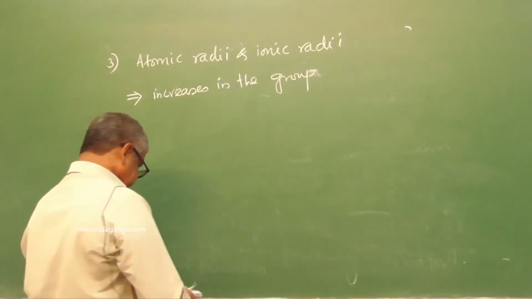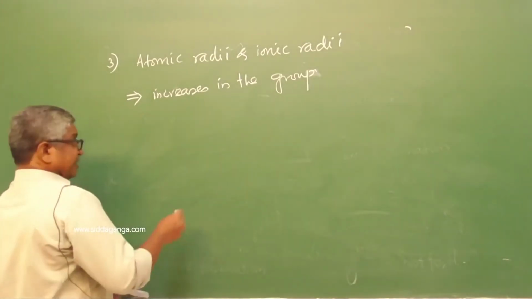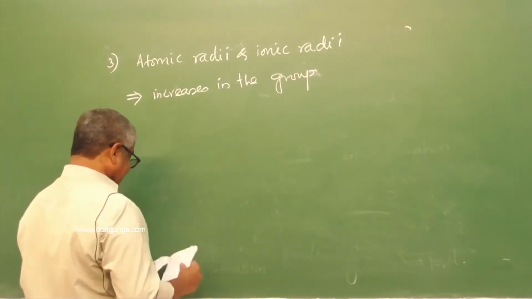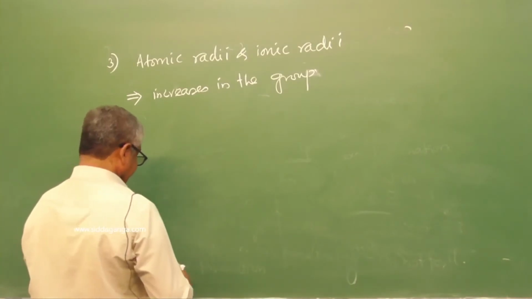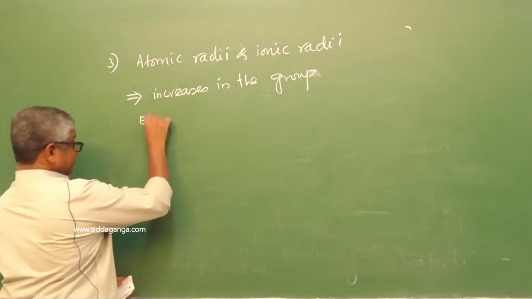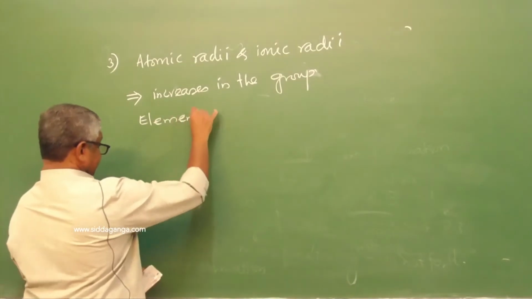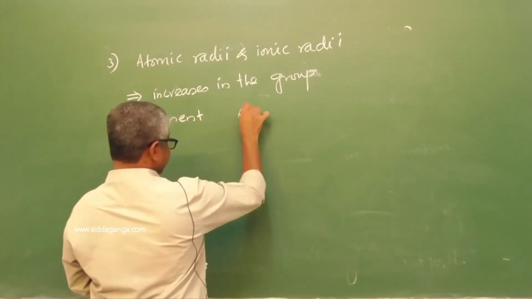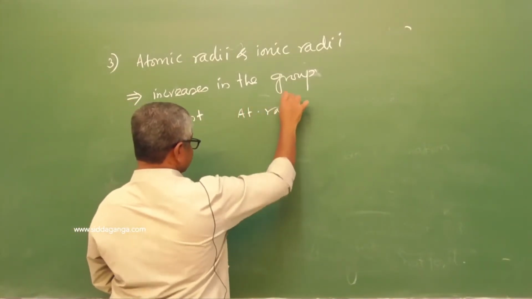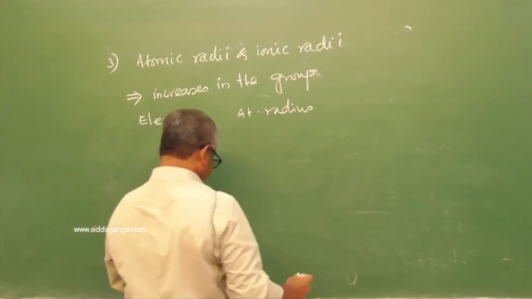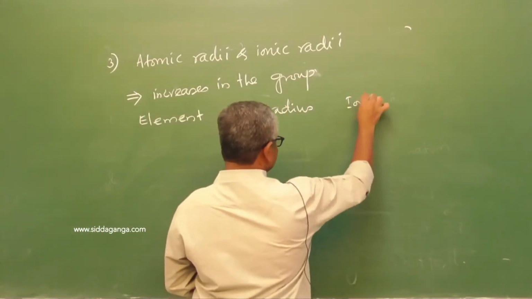So now if I write the values, you can come to know the element, next atomic radius and ionic radius.